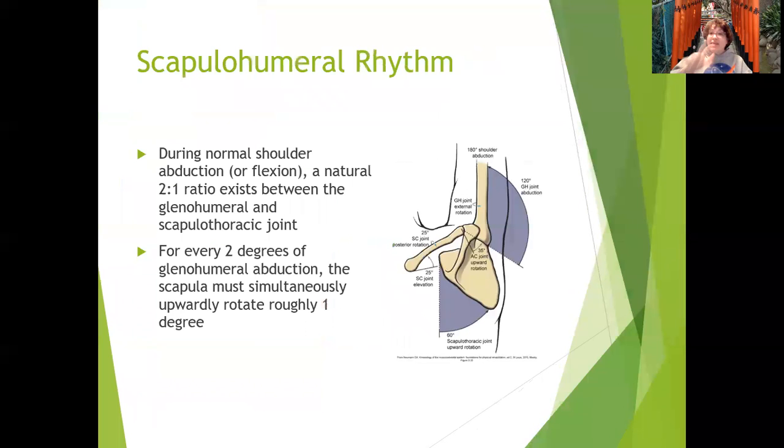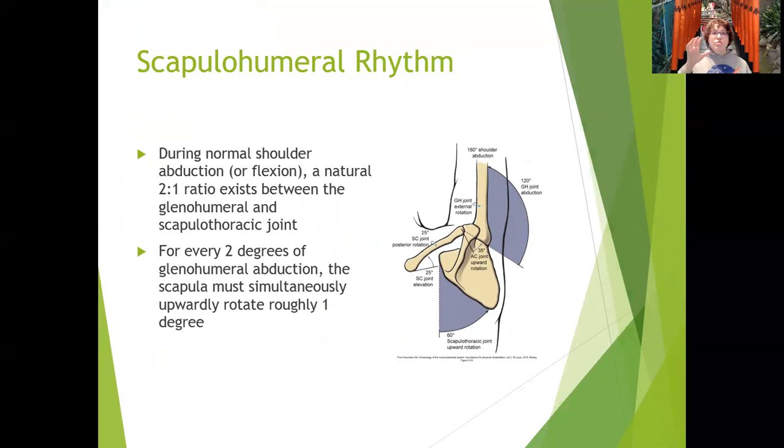Okay, so here's why we care. Scapulohumeral rhythm, it's the combination of movement between the glenohumeral joint and the scapulothoracic joint and the other joints in the shoulder.